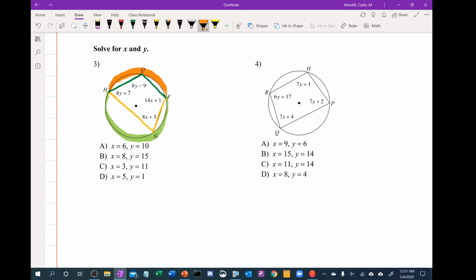So I hope it's self-explanatory then that 8y minus 9 has to be equal to half, and half of whatever H to F is and F to H is, those have to add up to be 360.